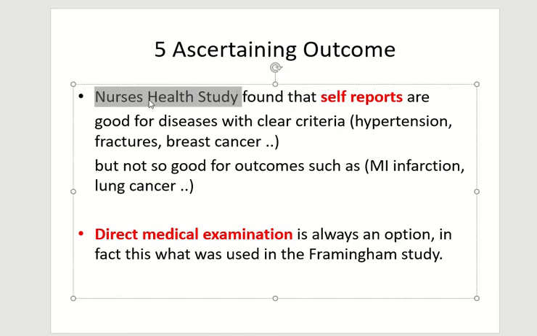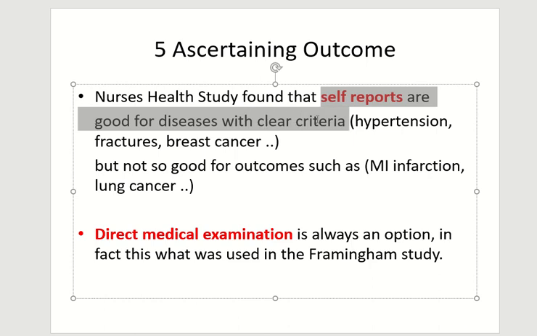So when they did the Nurses' Health Study, they found out that self-reports are good for disease with clear criteria, a disease that is clearly identified. You can use self-report: for example, do you have hypertension or not, did you have a fracture or not, is there cancer or not. These are easy.